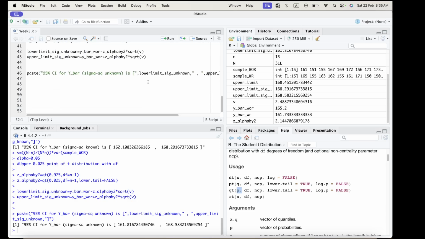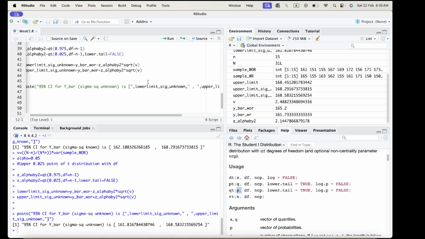If I do a simple random sampling, that is without replacement, when sigma square is known or not known.